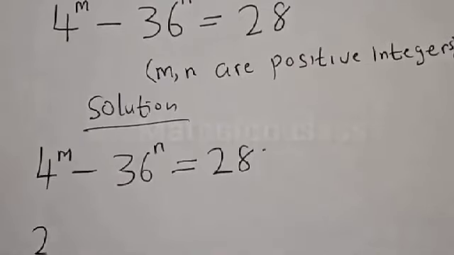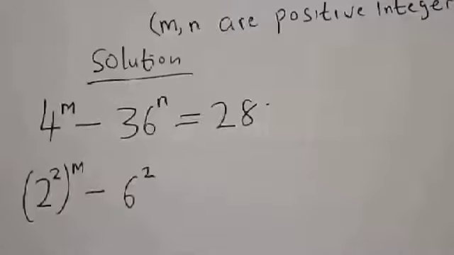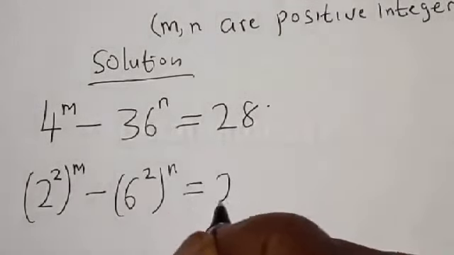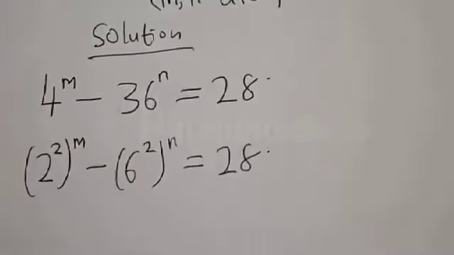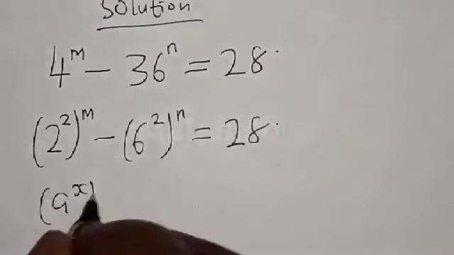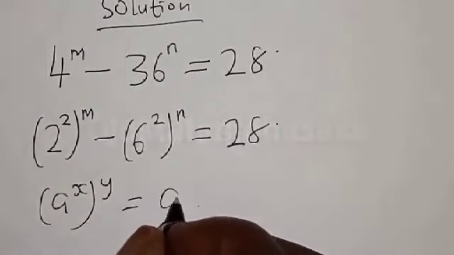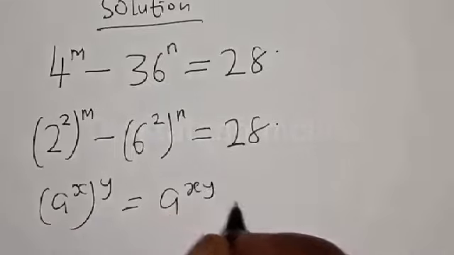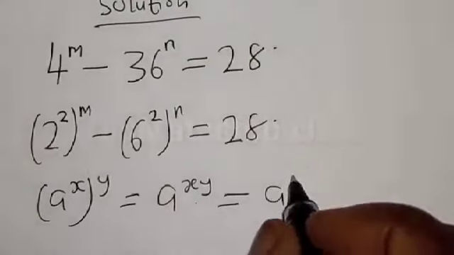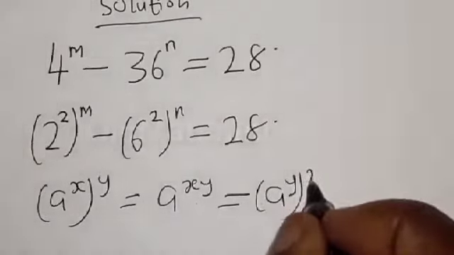Then we have 2 squared raised to power m minus 6 squared raised to power n is equal to 28. Now remember, if you have a raised to power x raised to power y, it is the same thing as a raised to power xy, which is the same thing as a raised to power y raised to power x.